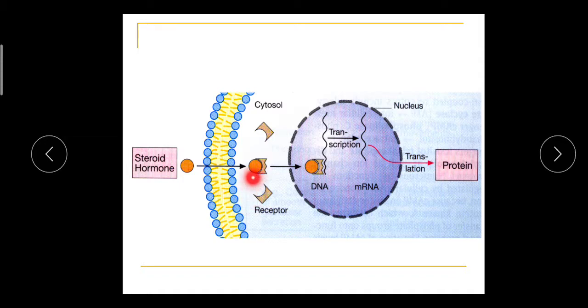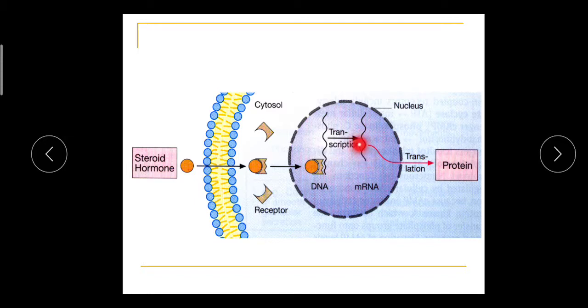And this complex translocates into the nucleus. Because of the conformational changes, it can translocate into the nucleus. Inside the nucleus, this complex interacts with the cellular DNA, and there is transcription of DNA into RNA.